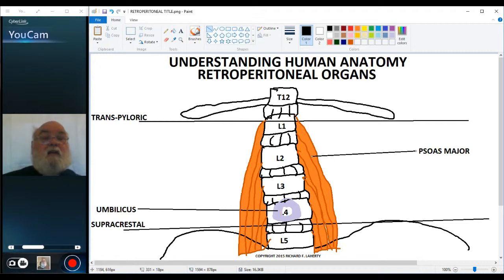We have another muscle that originates from the iliac crest, and this muscle is iliacus.